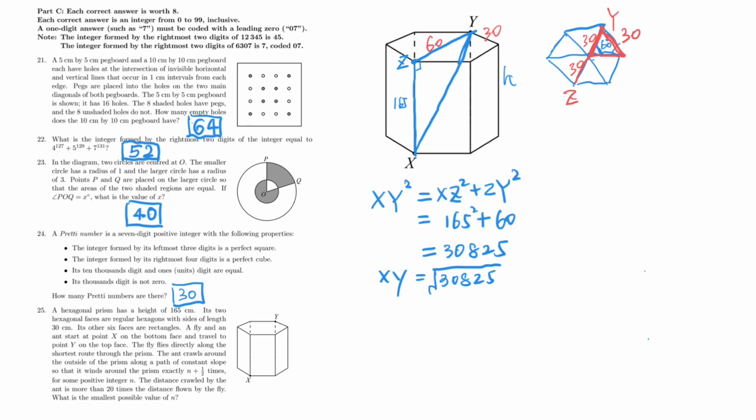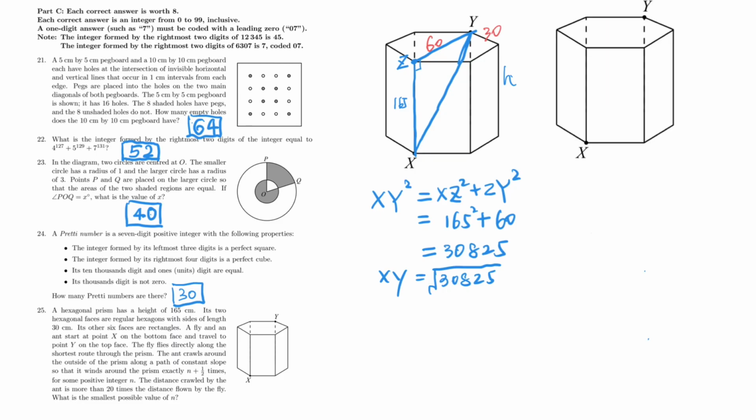Now we calculate the ant's route. The ant starts from x, but it goes around the outside of the prism at a constant slope.